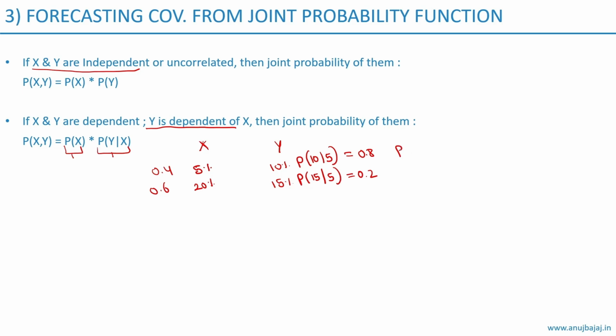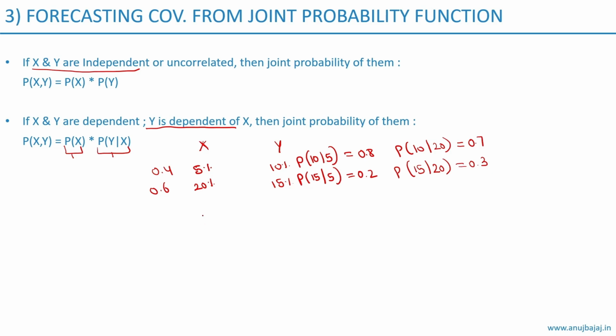And similarly, the probability of Y generating 10% given that X has generated 20% equals say 70%, and the probability of Y generating 15% return given that X has generated 20% equals 30%.